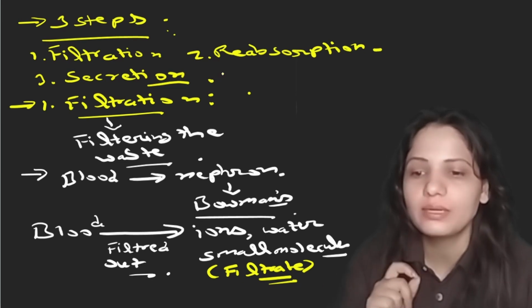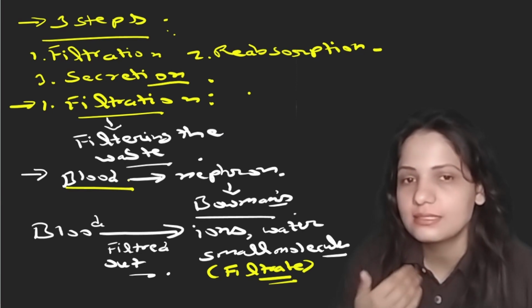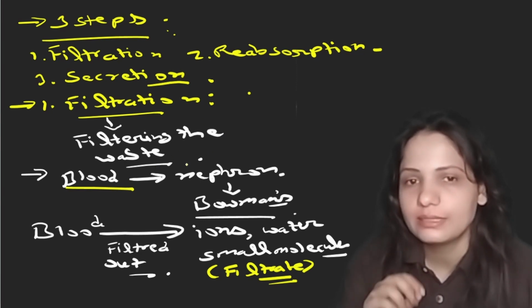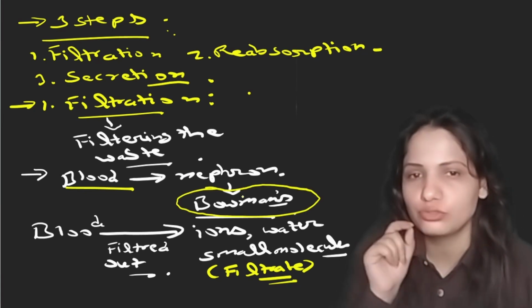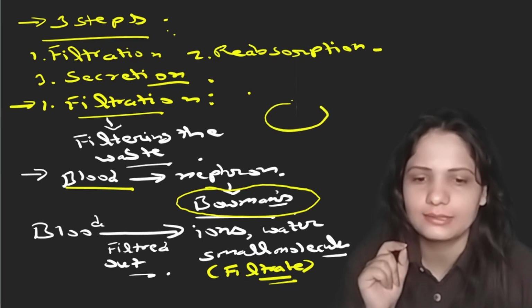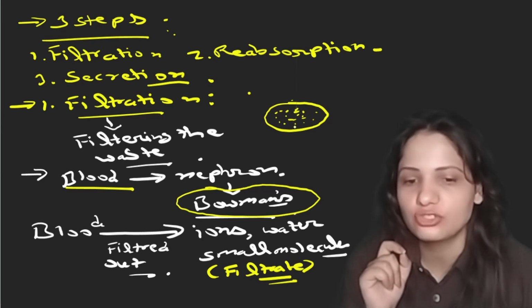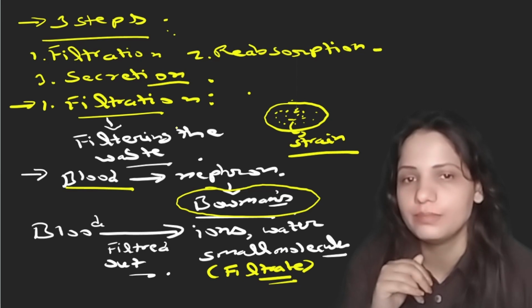So what happens in filtration is our blood enters into the nephron. As it enters into the nephron through the renal artery, this blood is captured inside the Bowman's capsule, and in Bowman's capsule we have very tiny blood vessels. These tiny blood vessels will act as a strainer, and they will do the filtering of blood.